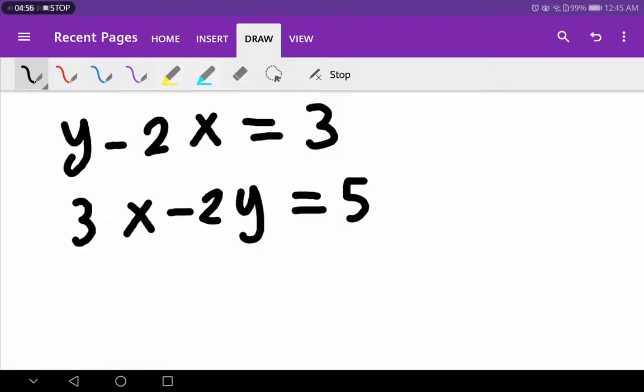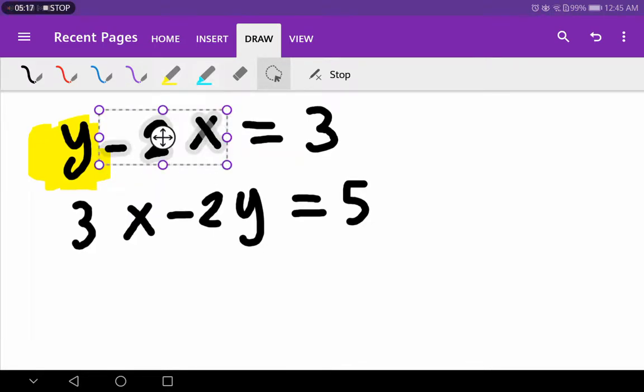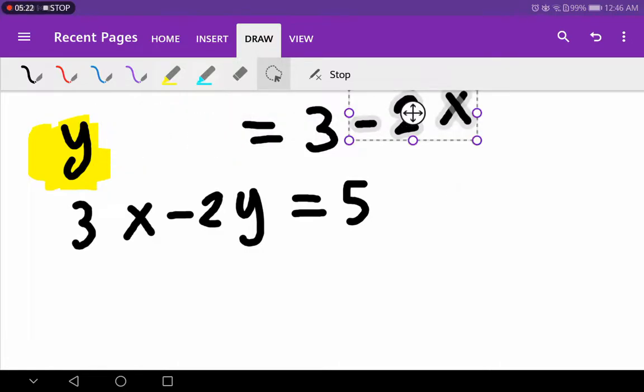It doesn't matter. But here, because the first equation has y only, there is no coefficient in front of y. As you see, it is y without any coefficient. Because of that, I just move the negative 2x and make the y alone, and don't forget to change the sign.